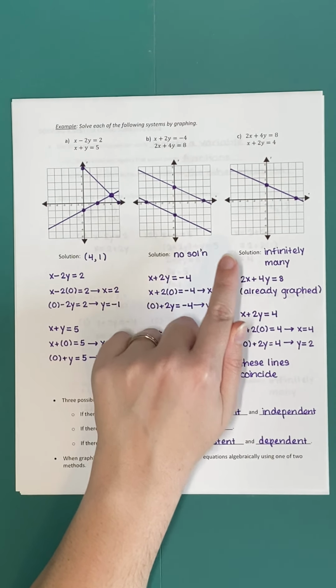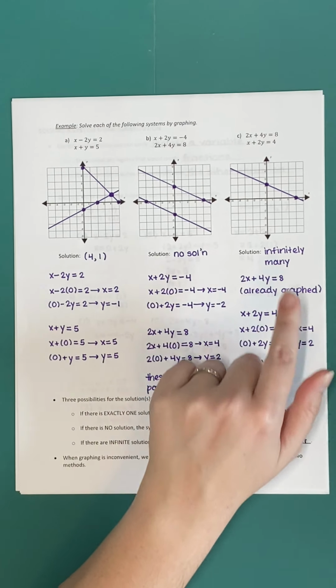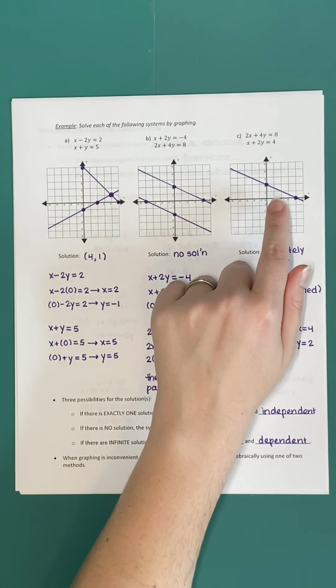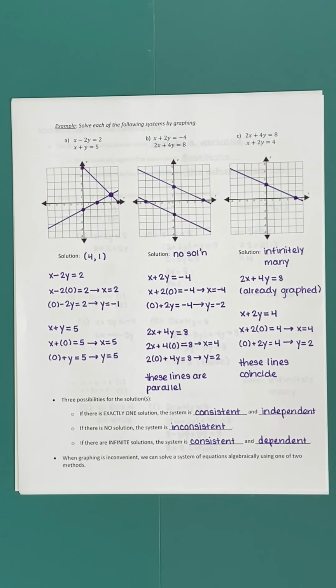Now, I want to make a very important distinction here. You may see that term infinitely many, and you may immediately think all real numbers, if you've heard the term all real numbers before. That is not what's happening here. All real numbers literally means every possible number. So it's true and it's not true. What we're ultimately looking for here are paired x and y values that would make this equation true.